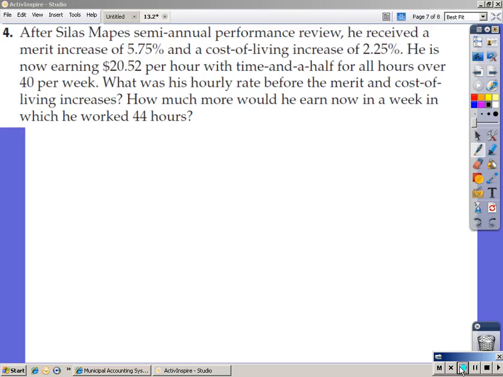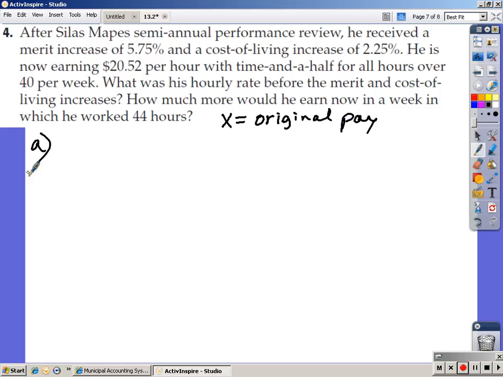Okay, so again, this type of problem, we're looking for original pay. Okay, so we set it up. Part A, he's making $20.52 right now. That's going to be equal to our original pay plus both of our increases.